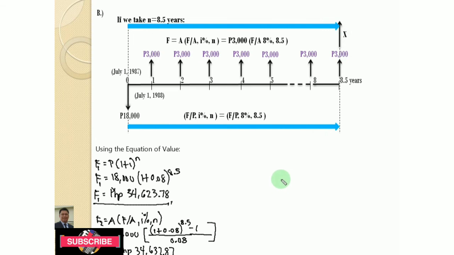So if we try to determine the difference, our x will be equal to F2 minus F1, which is then equal to 34,632.87 pesos minus F1, which is 34,623.78.